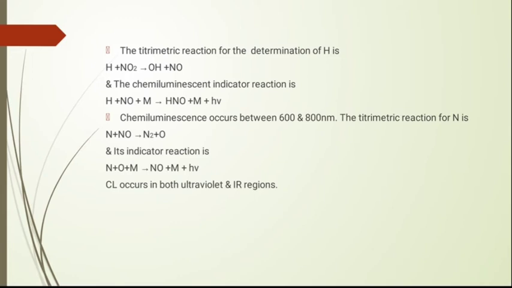The titrimetric reaction for nitrogen is N plus NO, forming N2O. Initially we have seen the reaction of oxygen, then hydrogen and nitrogen. Nitrogen is in atomic form.